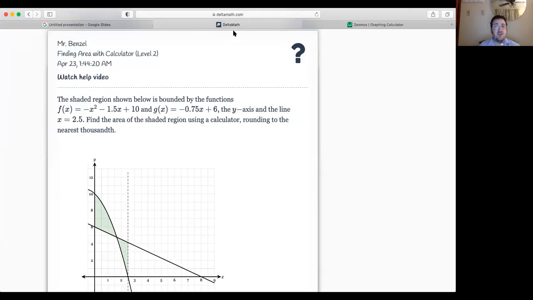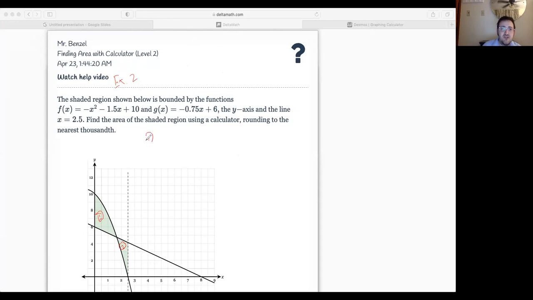All right, let's look at a slightly more complicated type of thing. This is still a level 2, but it's a little bit higher end than the level 2 because we're adding some regions of integration. So maybe I'll call this region 1, and then region 2.